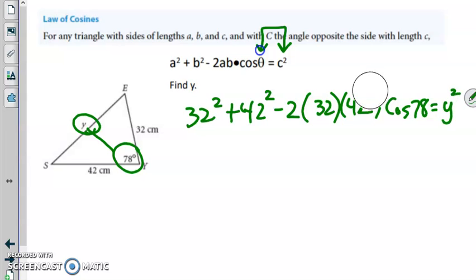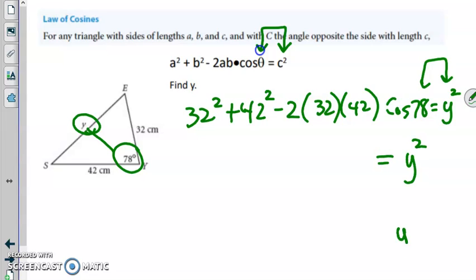Always want to try to get that angle and the opposite side at the end of the equation. If you focus in on those two numbers, the angle and the opposite side, then the rest of it is really a substitution problem. So in your calculator, go ahead and figure out what the answer to y squared would be, and then see if you can finish up the problem to figure out the answer for y.